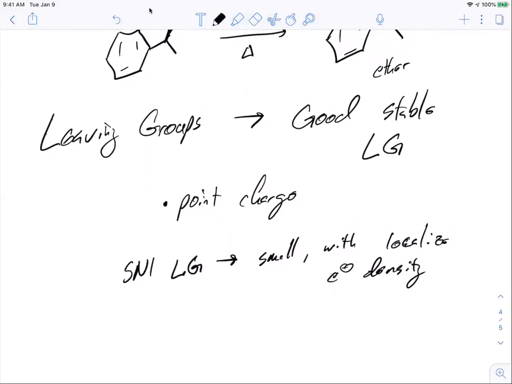But if you think about it, if I'm going to go from a bonded species to a positive and negative, the more positive and negative the species is already, the more likely I'm going to go from the bonded to the non-bonded, right? So the SN1 leaving group being a small point charge makes sense from the standpoint of I'm already close to being a positive and a negative. For SN2, leaving group, again, it has to be a good leaving group. Here they usually say, you know, larger, delocalized.